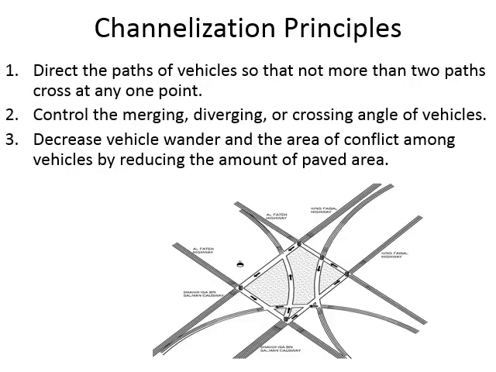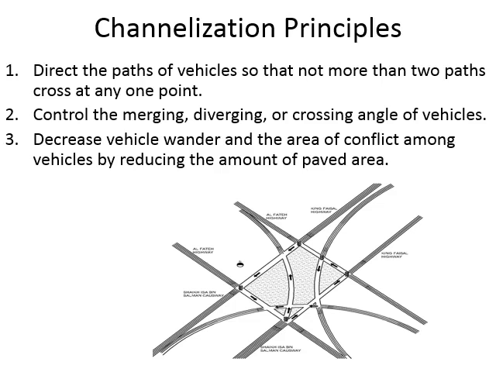So let us discuss the principles for channelization. When you are providing channelization, make sure that you are directing the vehicle paths in such a way that more than two paths are not crossing at any point along your way.